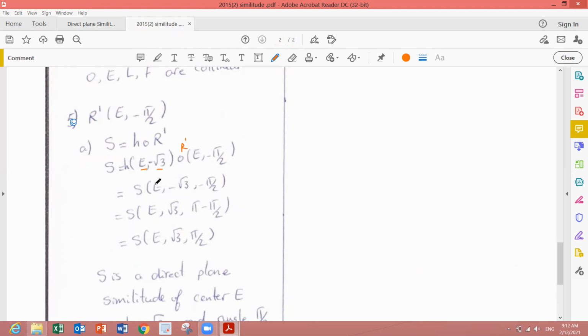We get E, minus radical 3, minus pi over 2. But in a similitude the ratio cannot be negative. So it becomes a similitude with center E, ratio radical 3, and angle pi plus alpha, meaning pi minus pi over 2, which gives pi over 2. A similitude with center E, ratio radical 3, and angle pi over 2.